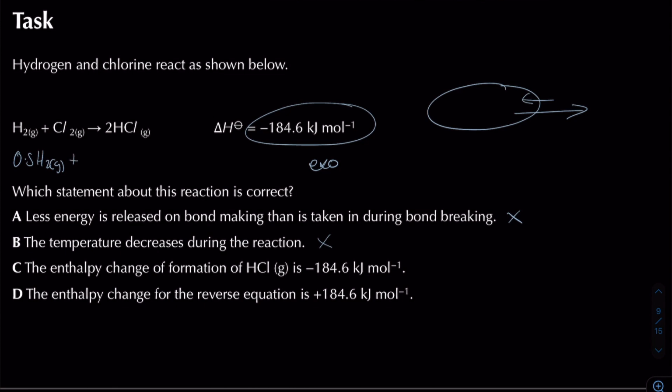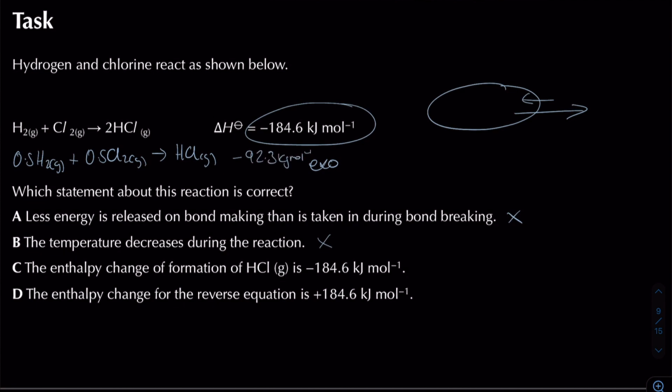That's going to react with half a lot of chlorine, and that's going to react to form 1 lot of HCl gas itself as well. So we need to bear that in mind. So our value for the enthalpy change of formation would actually be half this value of minus 184.6, and so what we'd expect to have instead is going to be minus 92.3 kilojoules per mole itself.